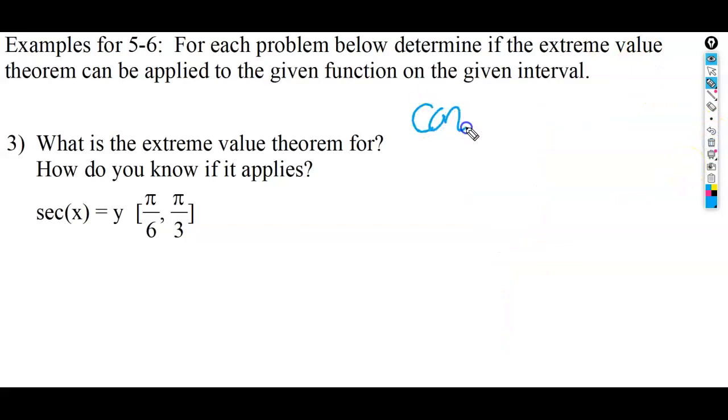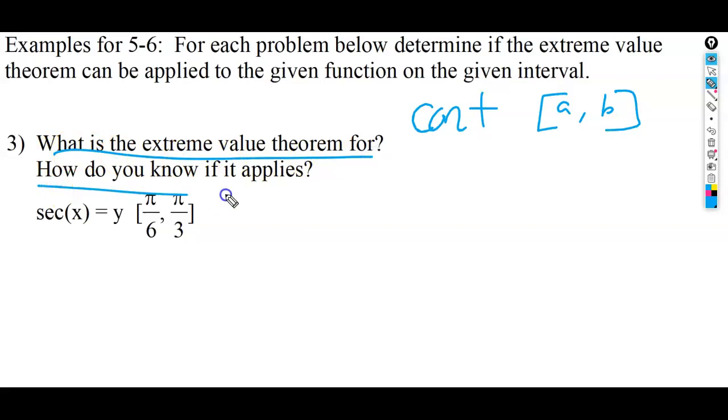So the only requirement for there to be a guarantee that there is an extreme value is that it has to be continuous on the closed interval, endpoints included. Okay? So what is the extreme value for this function?